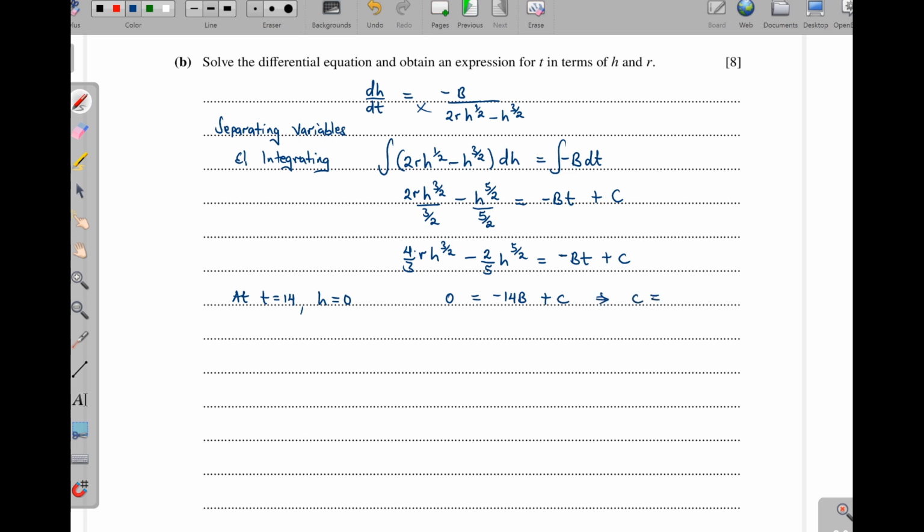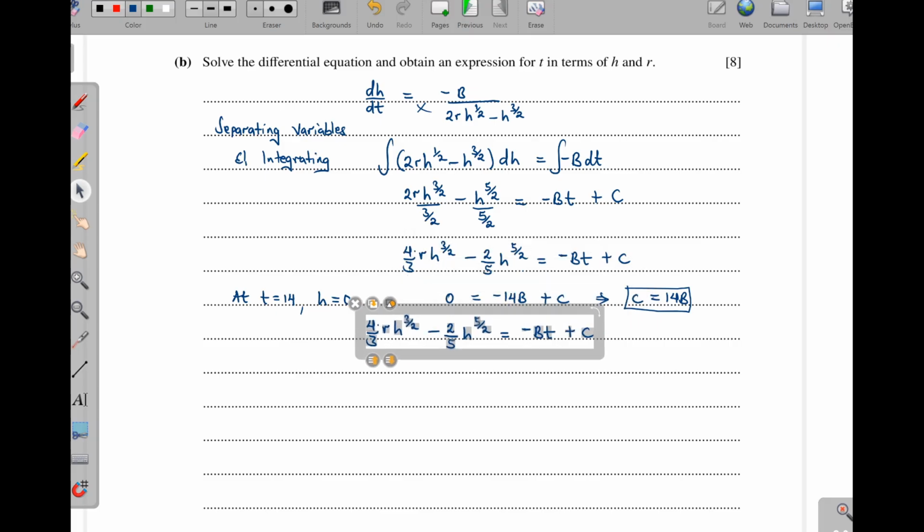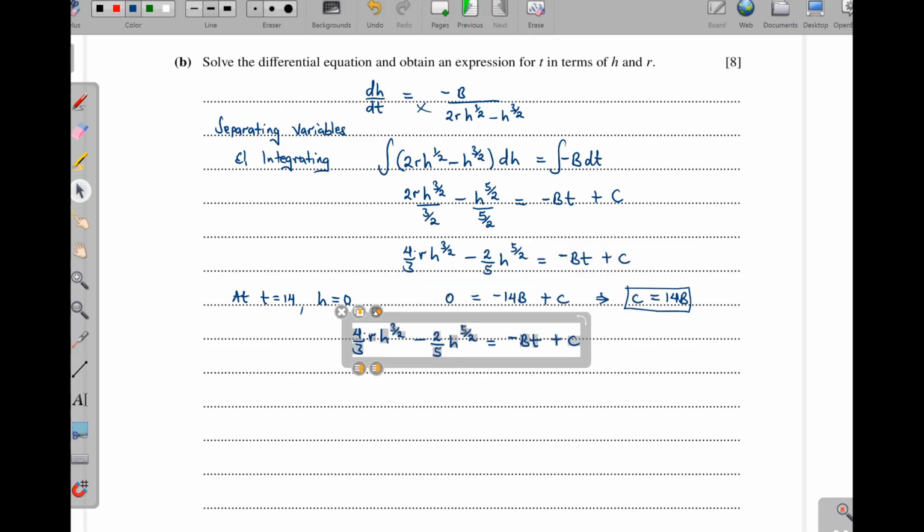That c is equal to 14b. So I can pick this one here, and from here I can write what we call our particular solution, plus 14b.